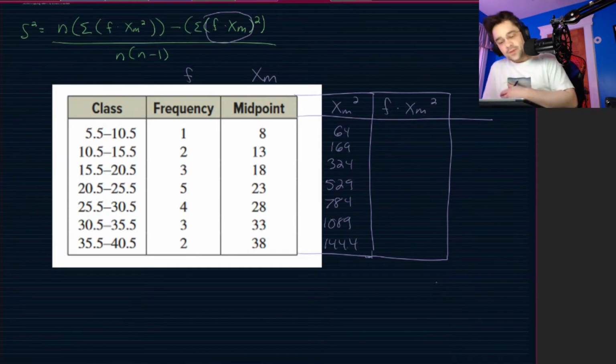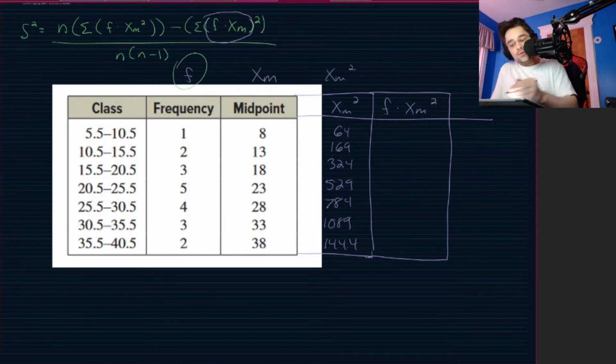Okay, anyway. So now in the next column, we're doing f times xm squared. That's this one right here. So it's essentially these two columns. We're just multiplying them together, and that'll go here in each row. So this one is 1 times 64, that's just 64.